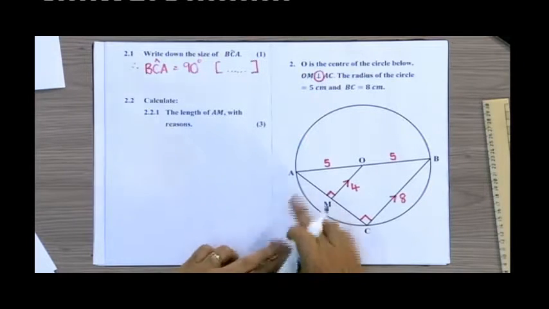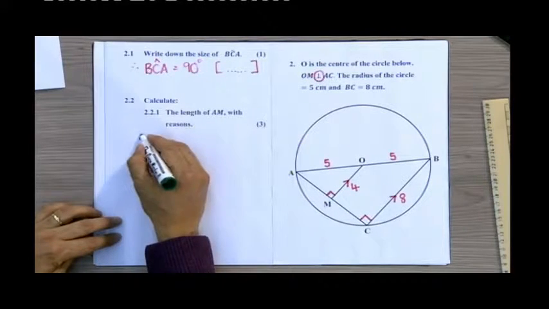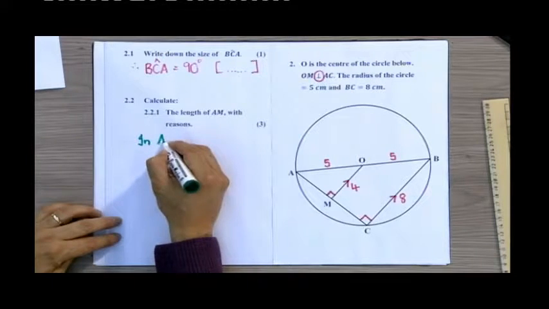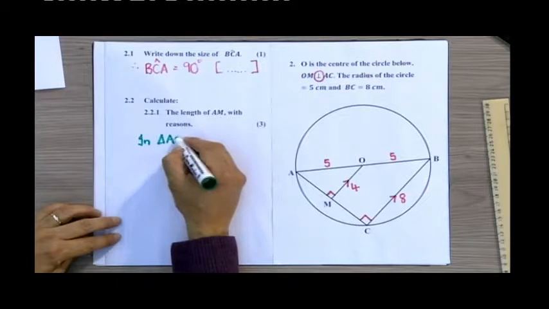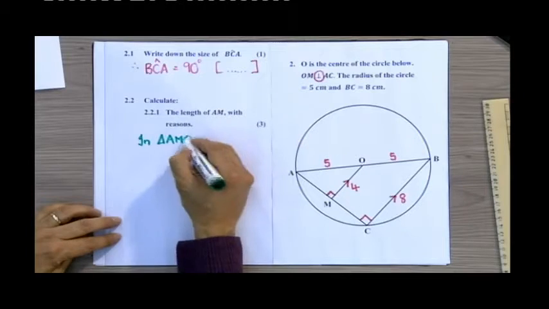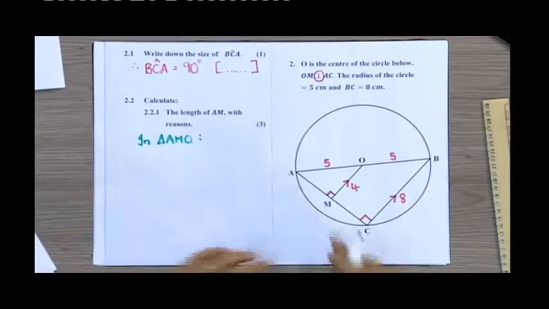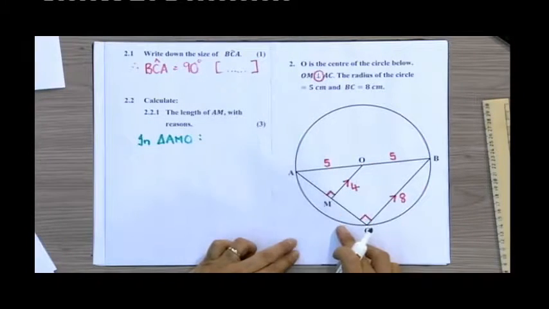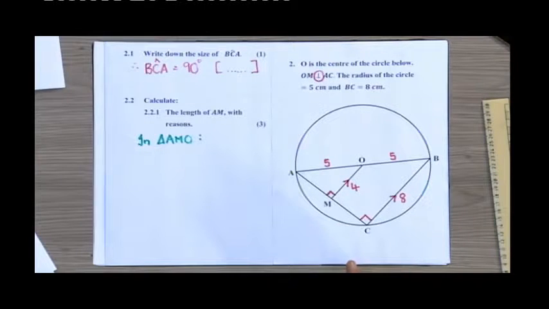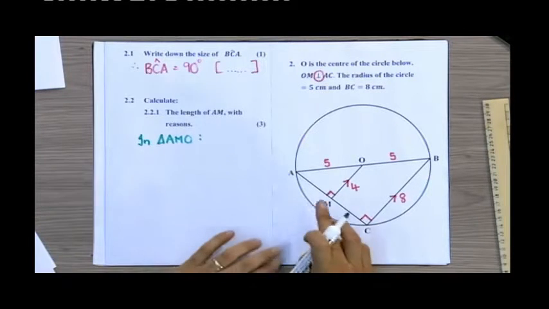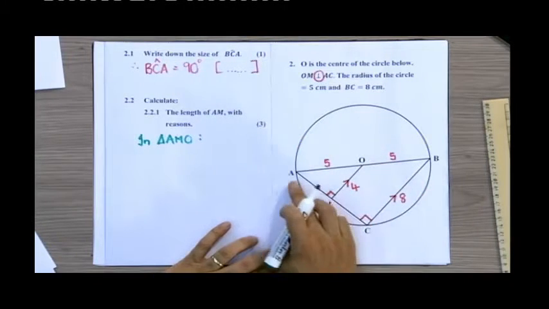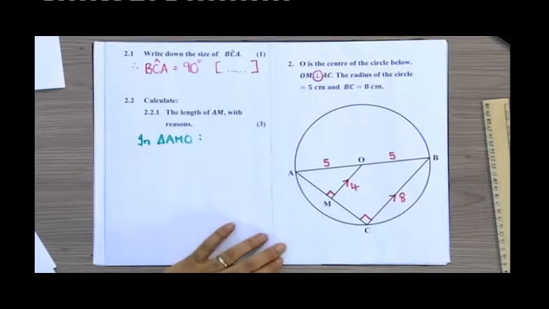So if I say here, in triangle AMO, right? That is the right angle triangle there. In any right angle triangle, there's a theorem of Pythagoras that says that the square of the hypotenuse is equal to the sum of the squares of the other two sides.